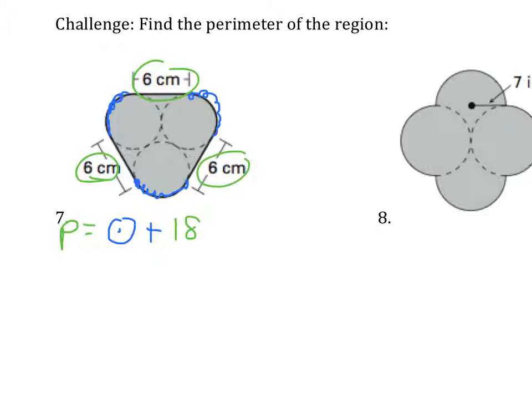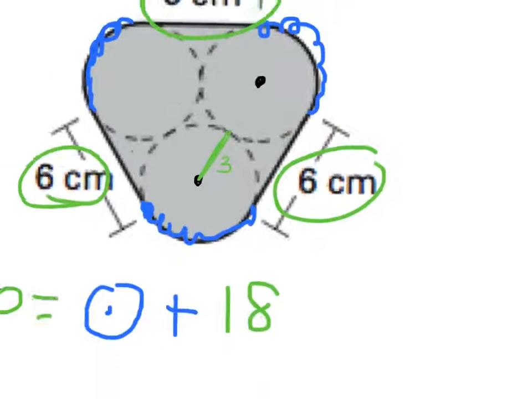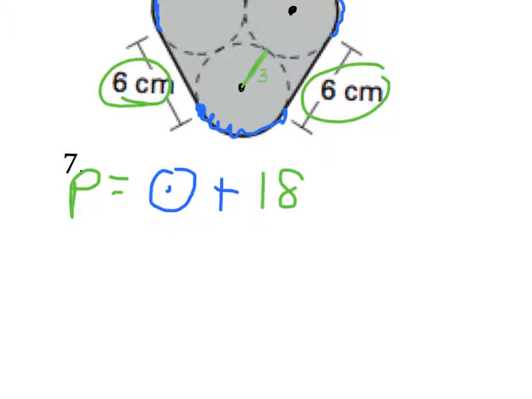So now we can just start to plug in what we know. Of course, what's my radius here? Since 6 goes from one center to the other, that means the radius is simply 3. So we could use 2 pi r, or we could use pi d, d being 6. It doesn't ultimately matter. Since I have 3 there, I'll just stay with that. So perimeter equals 2 times pi times 3, and then I'm going to add my 18 to that.